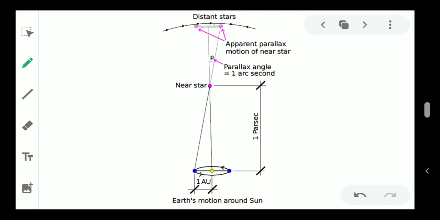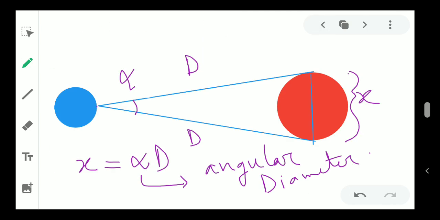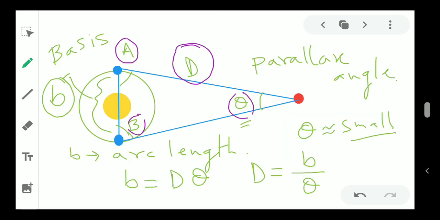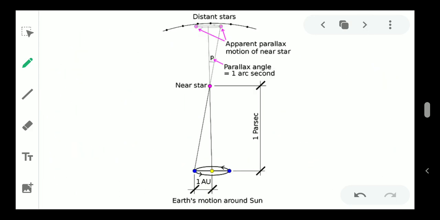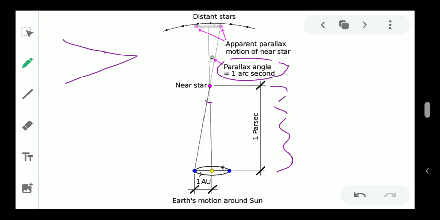See, we know that when we see a star, this angle we call the parallax angle, right? So this is that distance, okay, the distance for which this angle will be 1 arc second. Now you will say, sir, second, this is the unit of time. Now see, we can further split 1 degree.